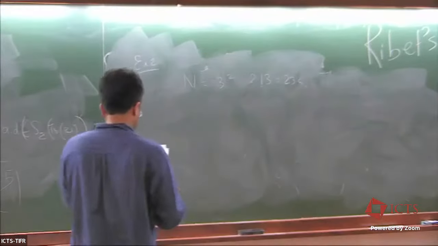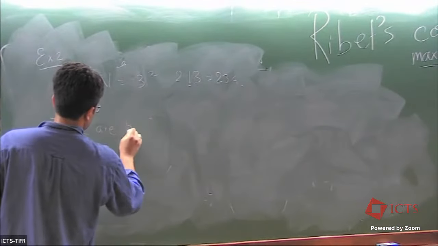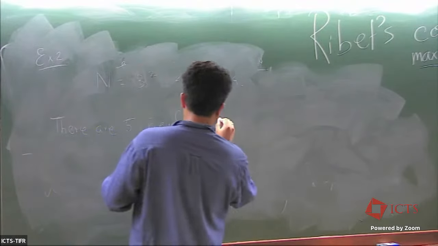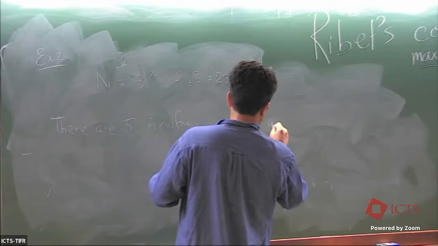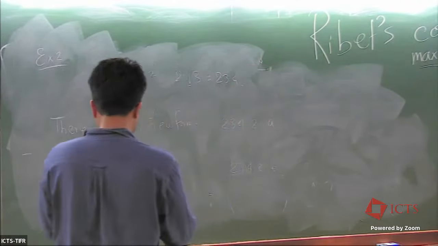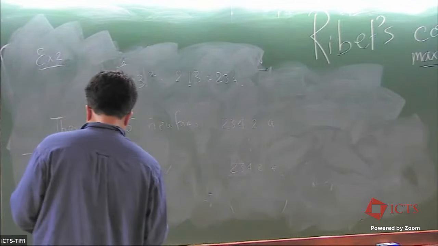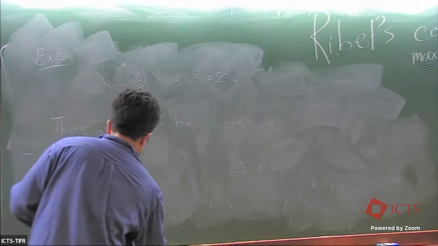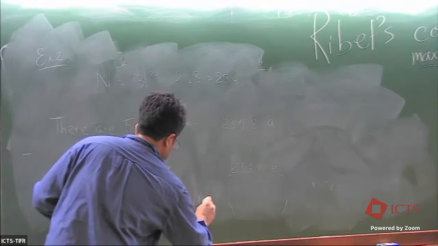So what you do is that there are 5 newforms, and one of them is this one, and you can see that indeed you have this E phi, so it is 13, is going to be congruent to this form mod 2 actually.